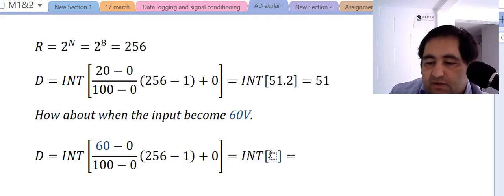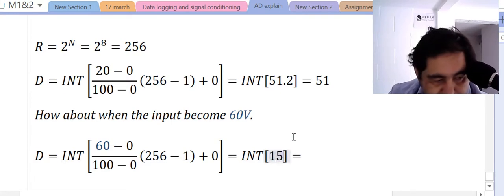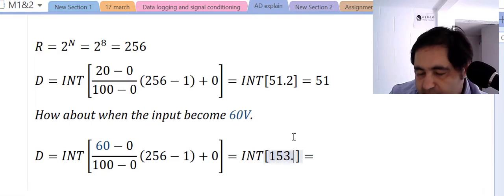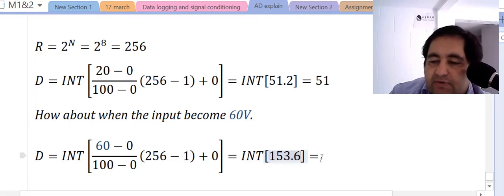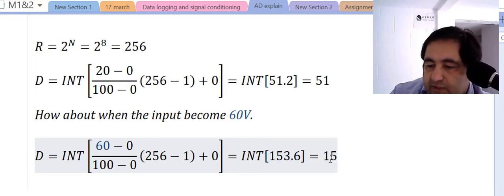So the integer of 153.6 is going to be rounded up because it is 0.6, so it's going to be 154. That's the number that your PLC is getting.